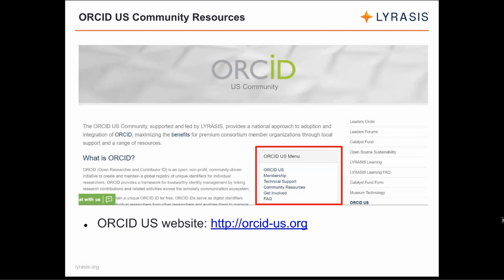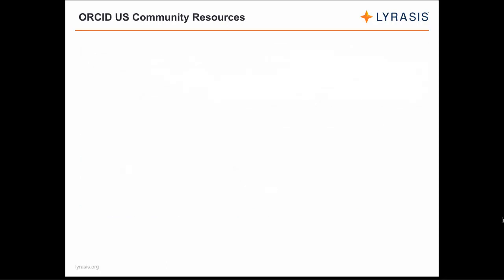I would encourage everyone to head over there and take a look as you start to think about ORCID at your institution. If you're located in the US, the ORCID US community web pages are the best place to start for learning more.